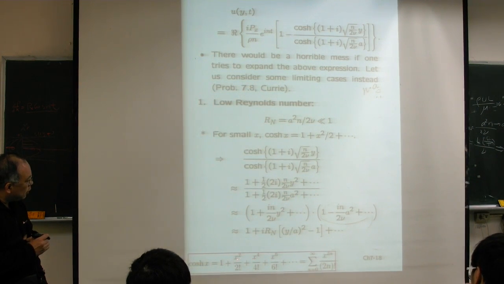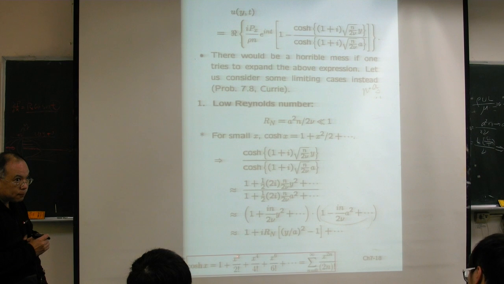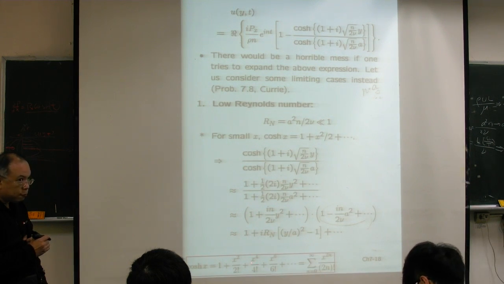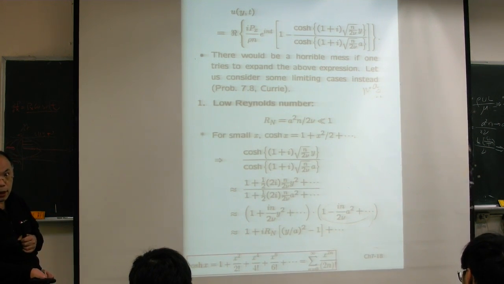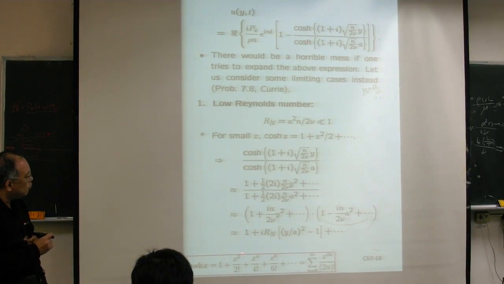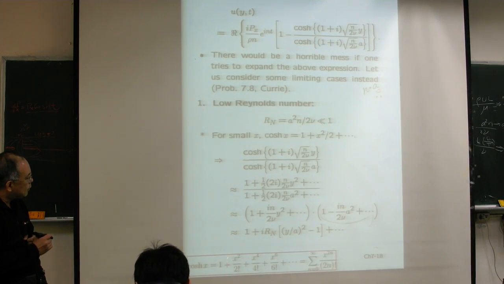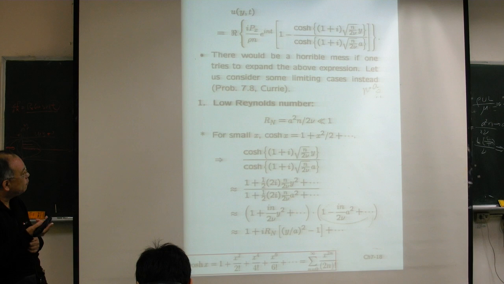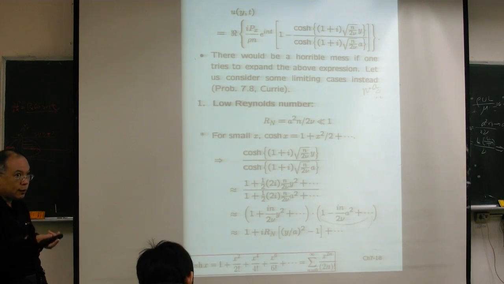When x becomes smaller, x squared is even smaller, and x to the 4th even smaller. So we can keep only the leading term, that means 1 plus this term, and the rest of the terms can be neglected.